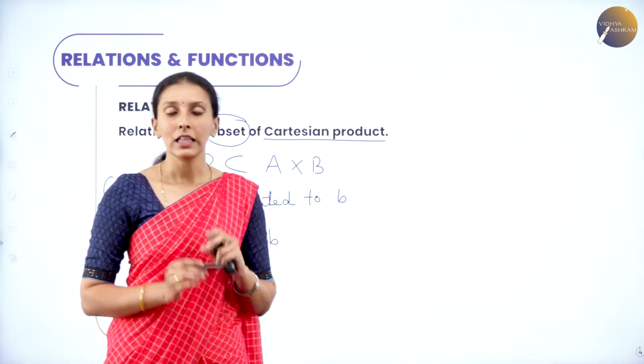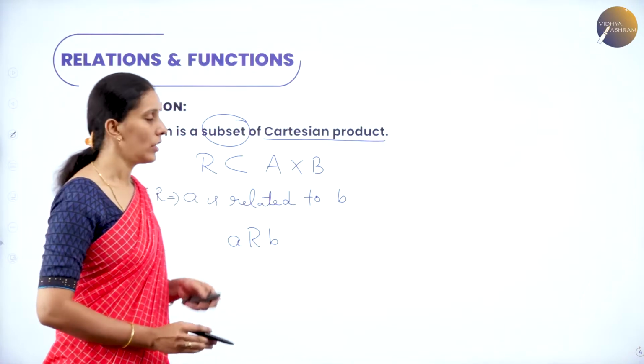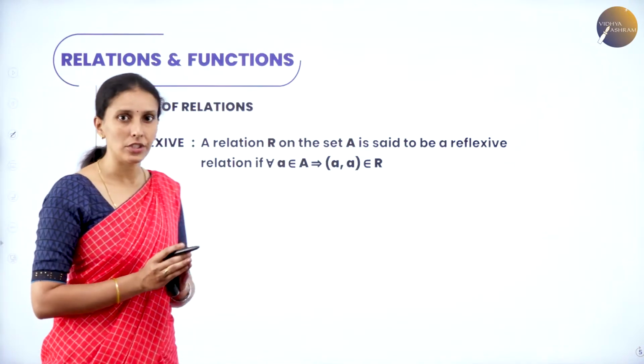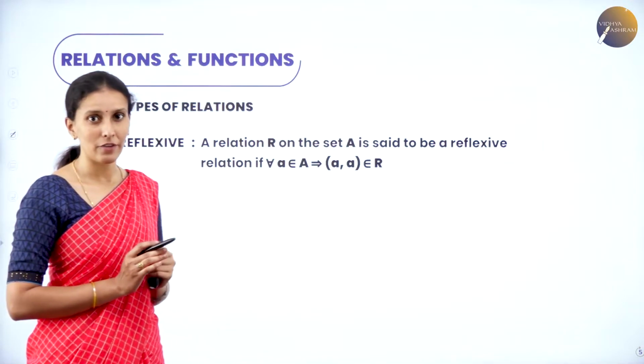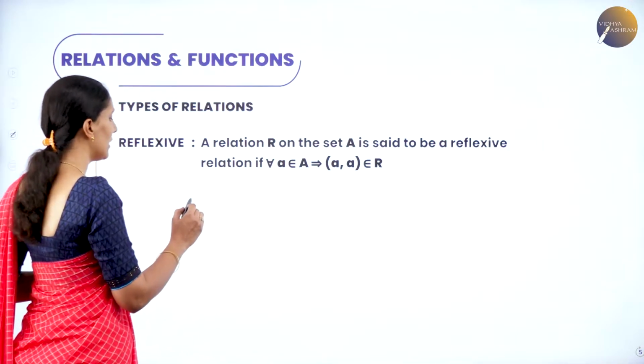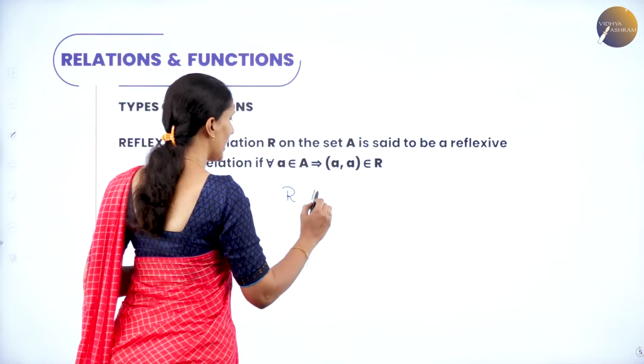Now, let us study the types of relation. What are the types of relation? The very first type of relation is the reflexive relation. What do you mean by reflexive relation? Suppose I take set A and define a relation from set A to A itself.